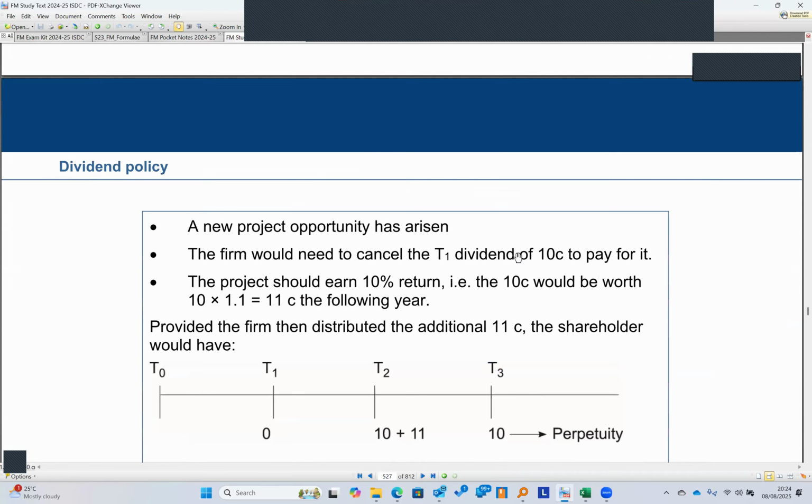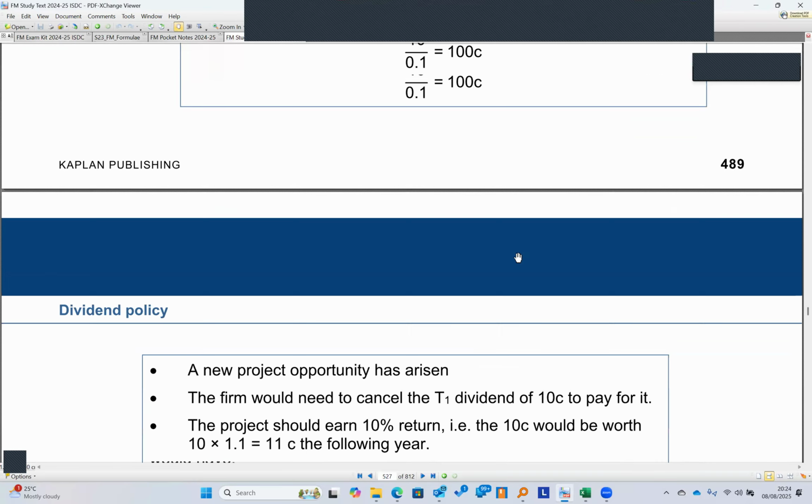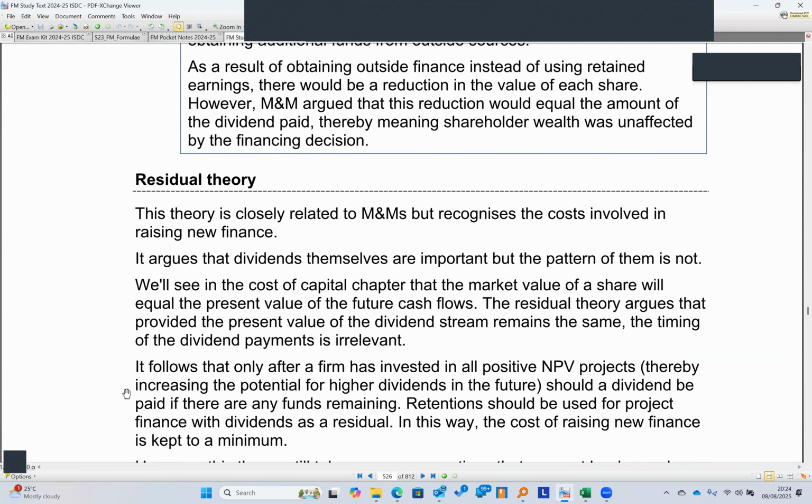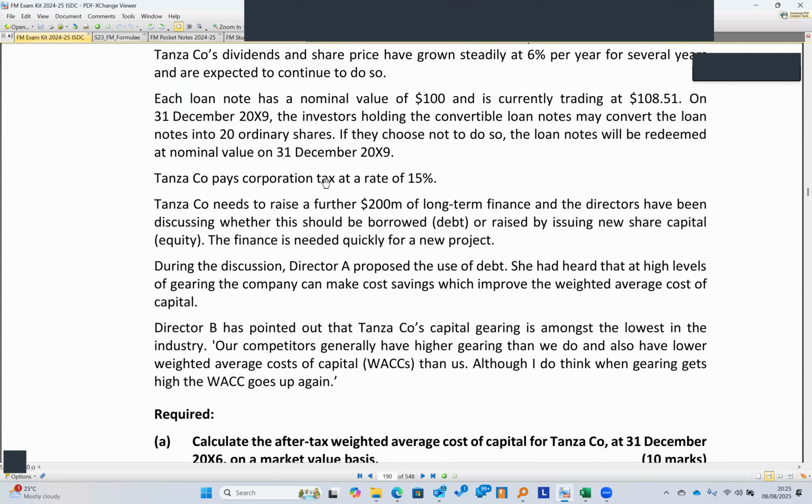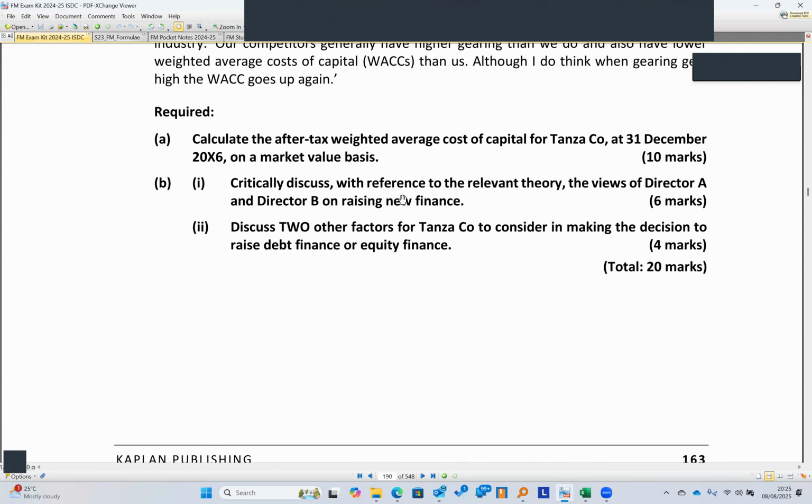You can read about them here and understand basically what they say. The solution can help you understand these two different theories and what they mean for what the different directors are saying should be done. Because the question says to critically discuss, with reference to the relevant theory, the views of Directors A and B on raising new finance.